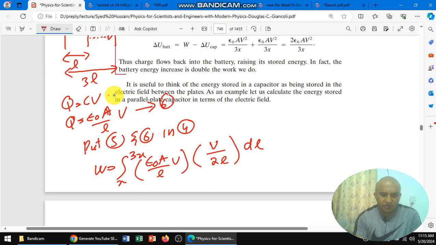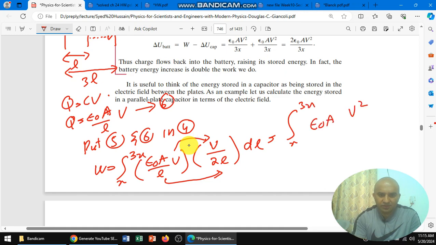So we rearrange this: V and V square, L and L square. We are left with the integral from x to 3x of epsilon naught A V square over 2L square dl.